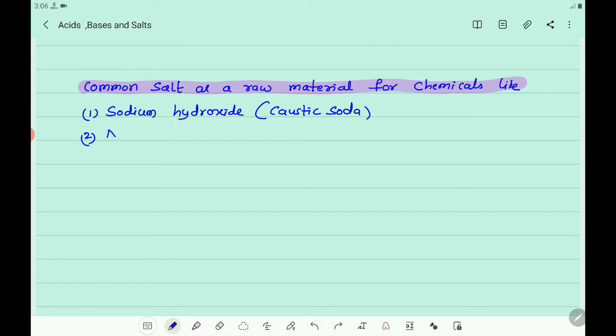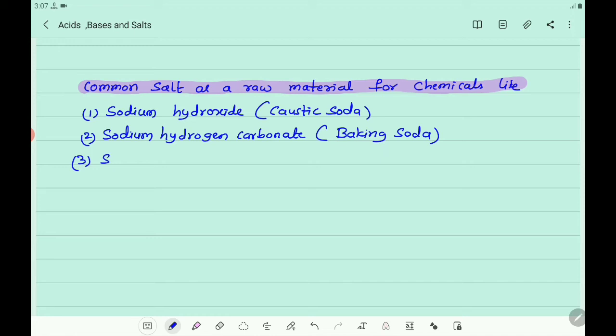So write that sodium hydrogen carbonate is generally called baking soda, also cooking soda. Then the third one you take is washing soda, that is sodium carbonate.